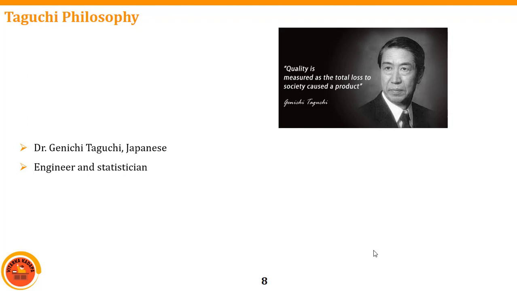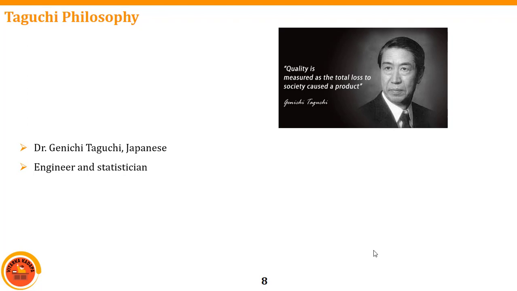Society means a customer like you and me who is going to purchase a product. The product has to give proper justification to that customer, and it should also have a long life. That is the Taguchi philosophy.